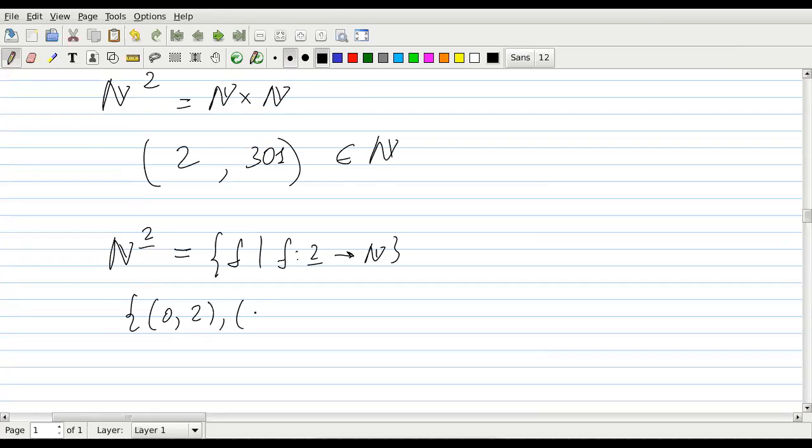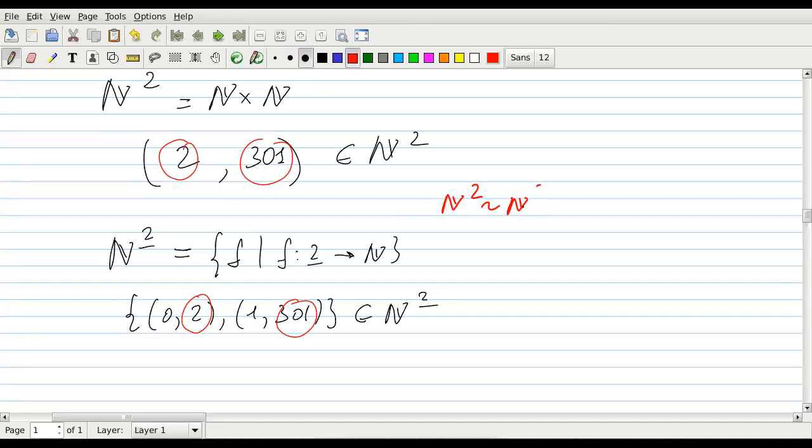Okay. 0, 2, 1, 301. And this is exactly that function which corresponds to our pair. We should already understand, at least informally, that these 2 sets are equivalent. Is it clear?